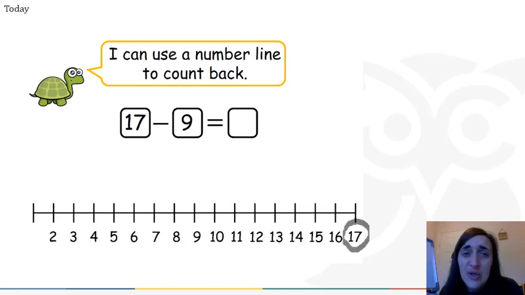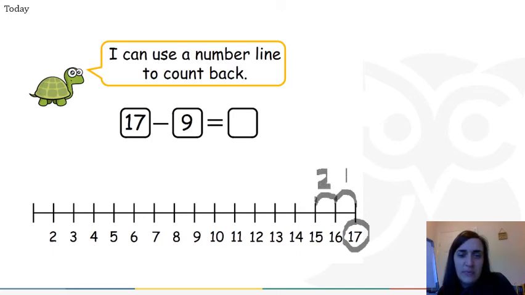Count back. How many jumps? 9 jumps. Oh, got to be super careful with this one, boys and girls. Make sure you're just doing 1 jump at a time. Jump with me. 3, 4, 5, 6.